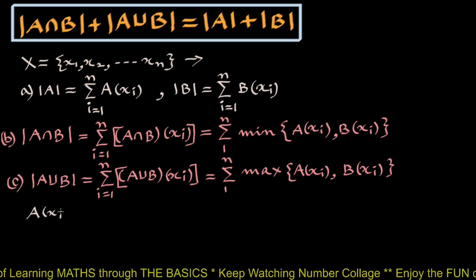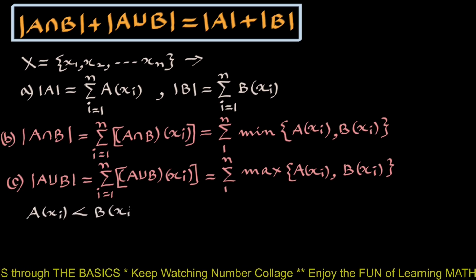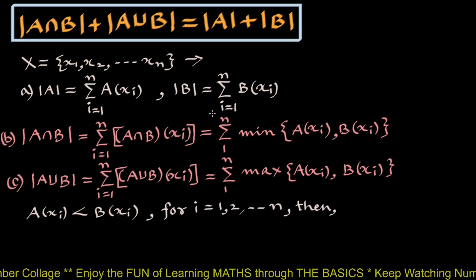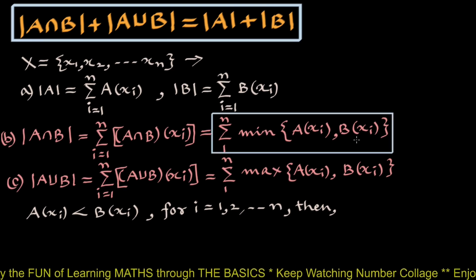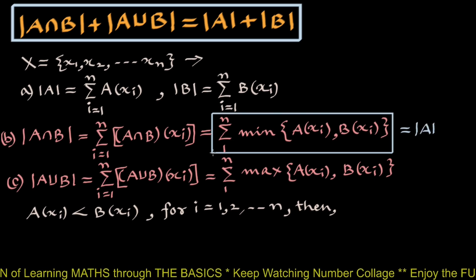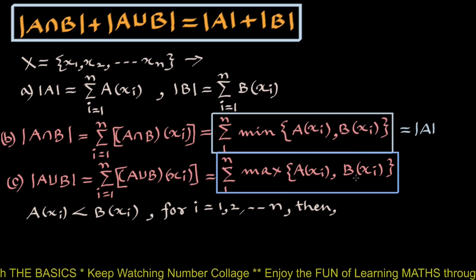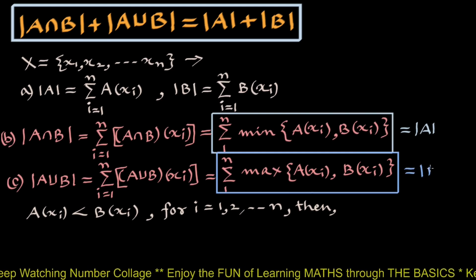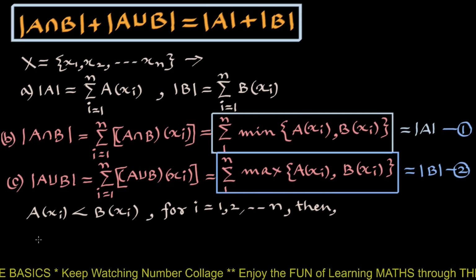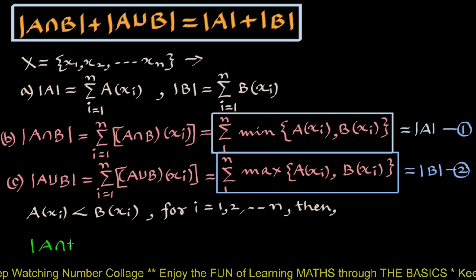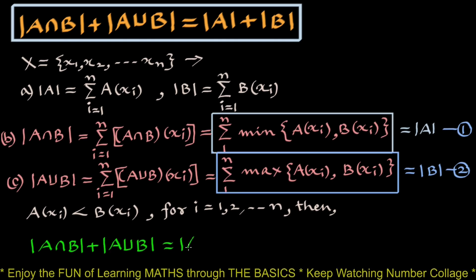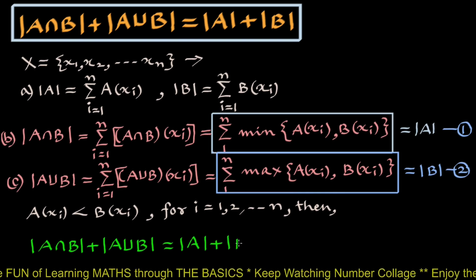When A of xi is less than B of xi for i equals 1 to n, then summation of minimum of A of xi and B of xi will be cardinality of A, and summation of maximum of A of xi and B of xi will be cardinality of B. So adding 1 and 2, we get the result: cardinality of A intersection B plus cardinality of A union B is cardinality of A plus cardinality of B.